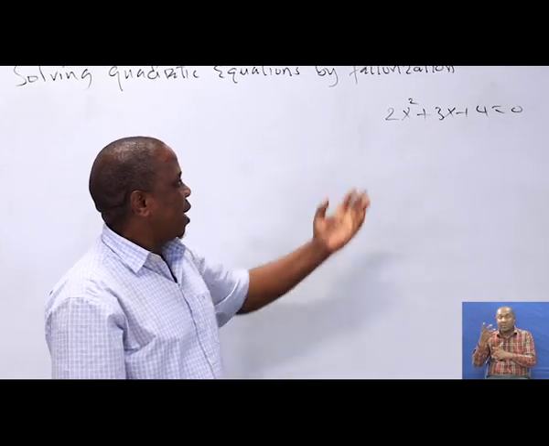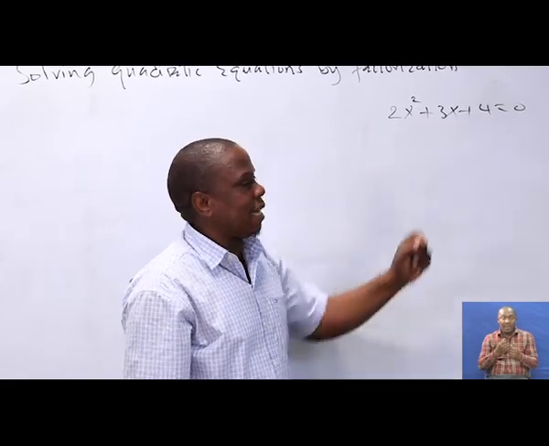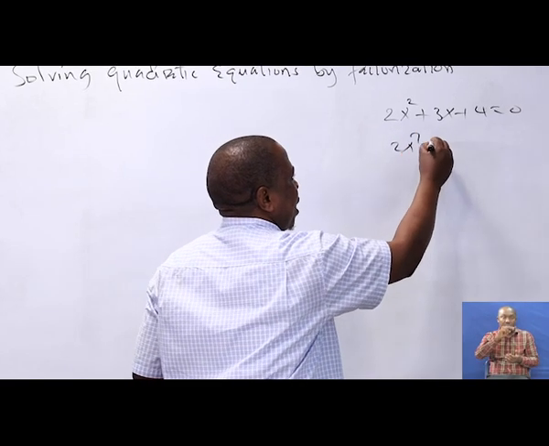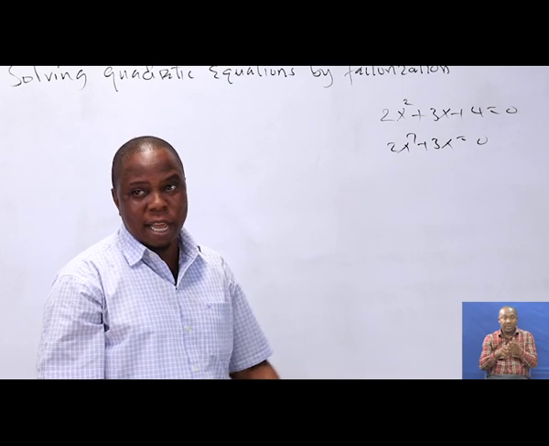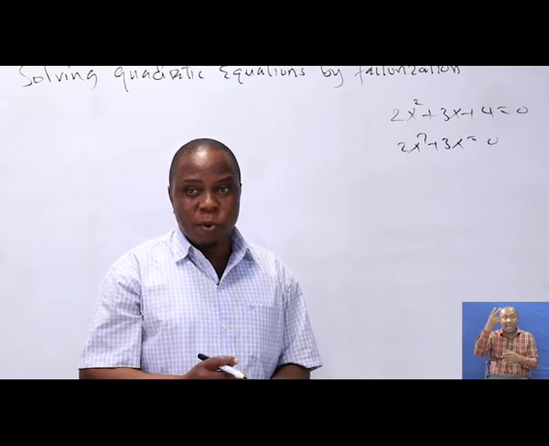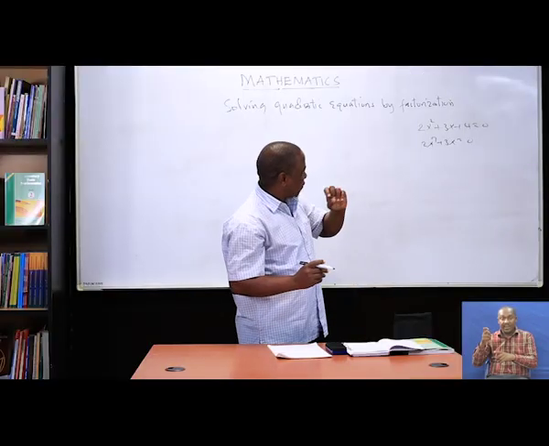We also saw when the constant term is not there, that is 2x squared plus 3x equals 0, which has its own way of factorizing. But today we shall look at the following things.